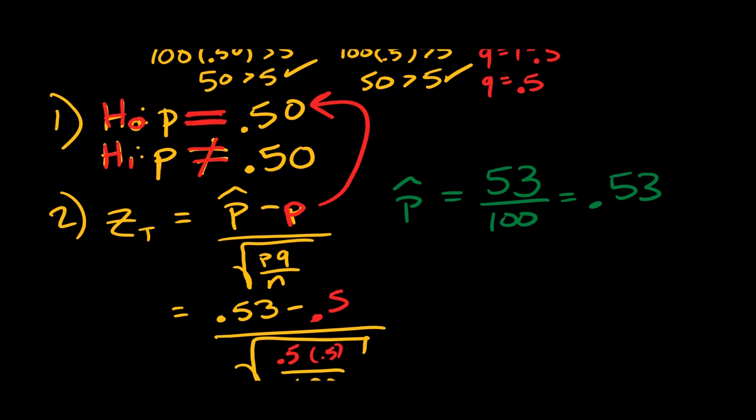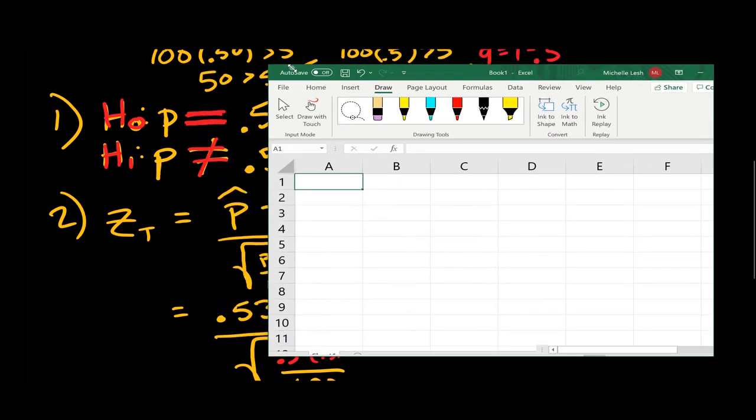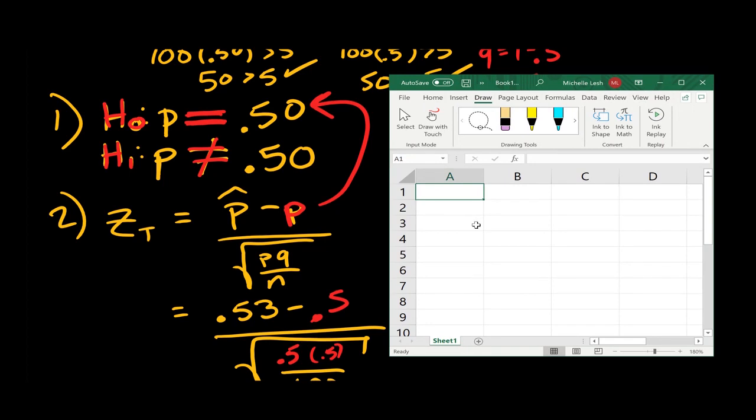All right, and you can pull out your calculator and figure out what this is. I like to pull out Excel as my calculator. The nice thing about writing it in Excel is if I'm solving multiple of these type of problems, I can just use formulas to make it nice and easy to figure this out for lots of different problems at the same time. So p hat is 53 divided by 100, or I could have just written 0.53.